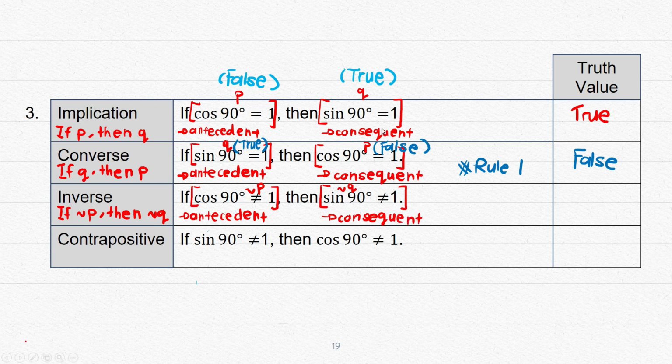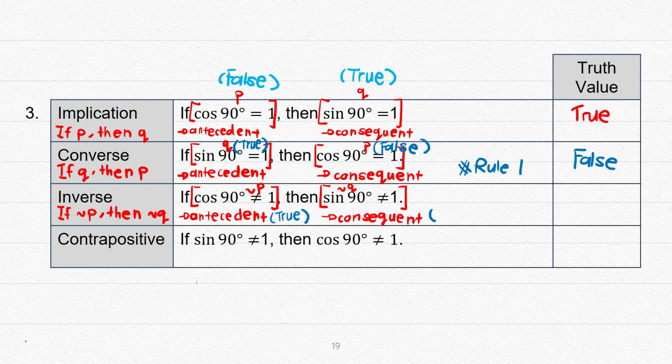Now we look at the inverse. The antecedent, is it true or false? True, tilde P is true. The consequent, tilde Q, is it true or false?